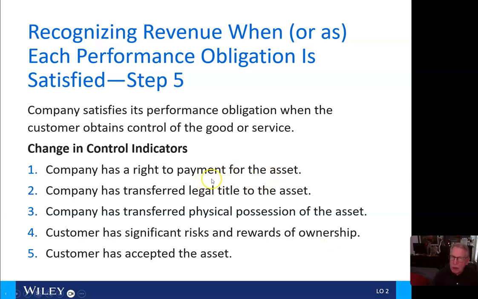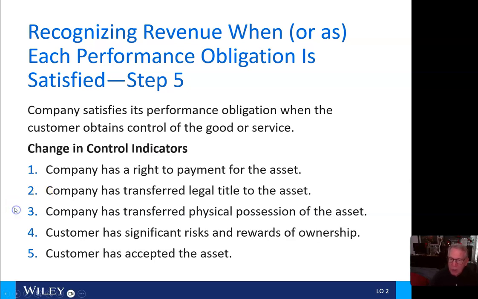Now, recognizing revenue when each performance obligation is satisfied. The company satisfies its performance obligation when the customer obtains control of the good or service. Pretty straightforward there. Change in control indicators: 1, company has the right to payment for the asset. 2, the company has transferred legal title to the asset.